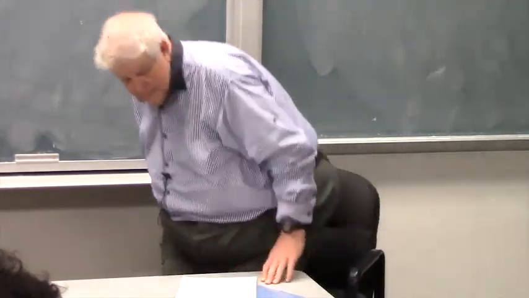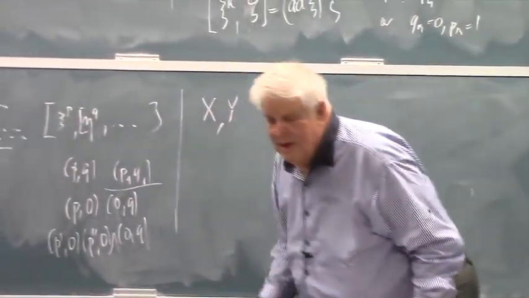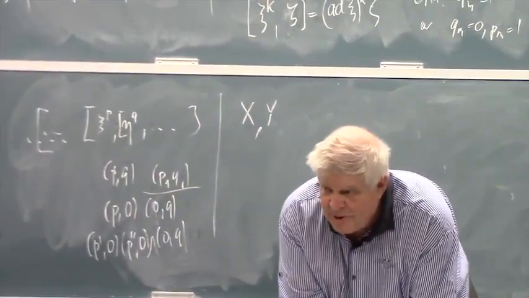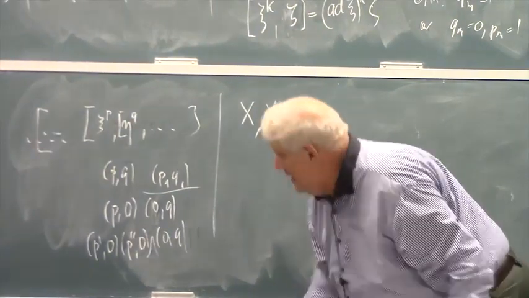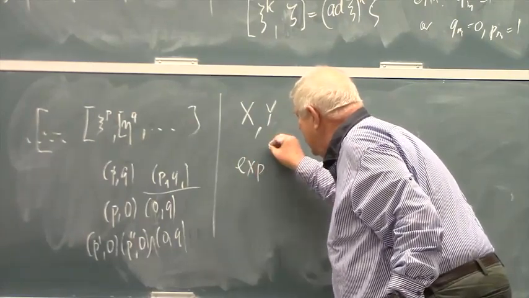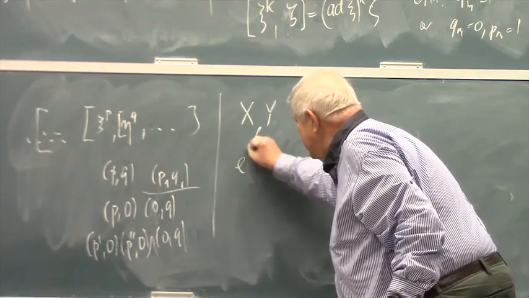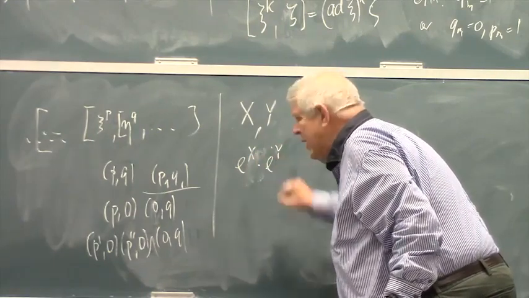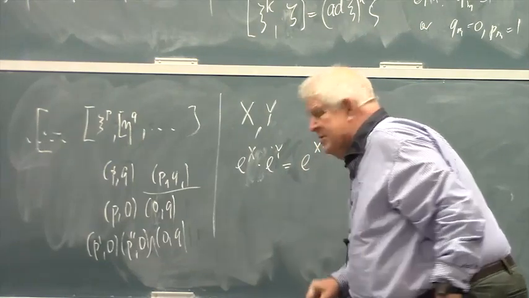So suppose that x and y, whatever they mean, are 2 non-commutative variables. So xy is not equal to yx. And we write e to the power x times e to the power y is e to the power something mysterious.